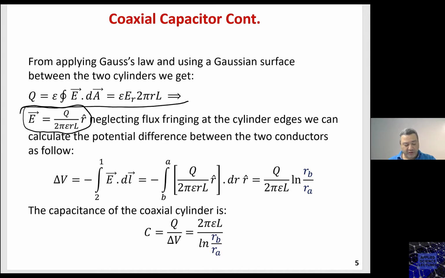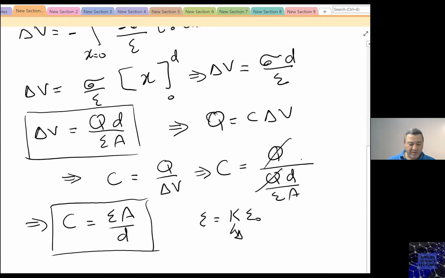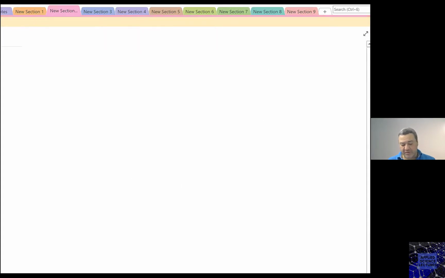So what we need to do here is to derive this potential difference. It's going to be again straightforward. We have two concentric cylinders.